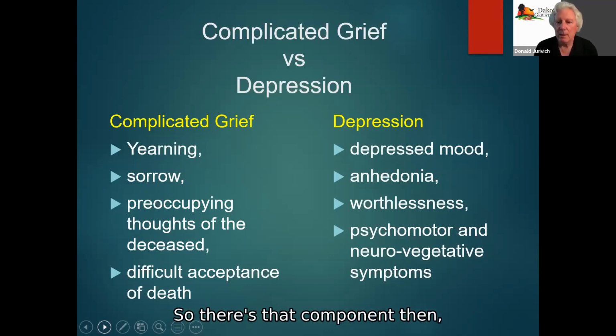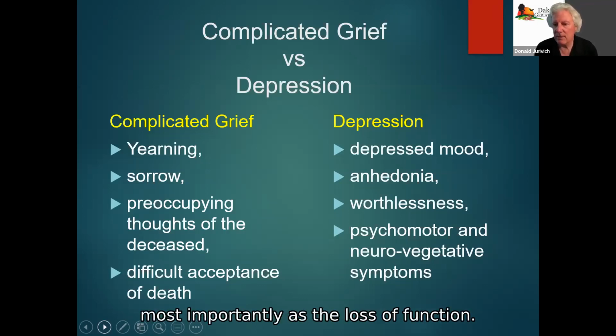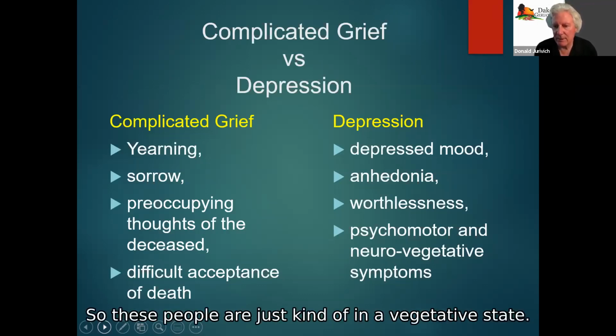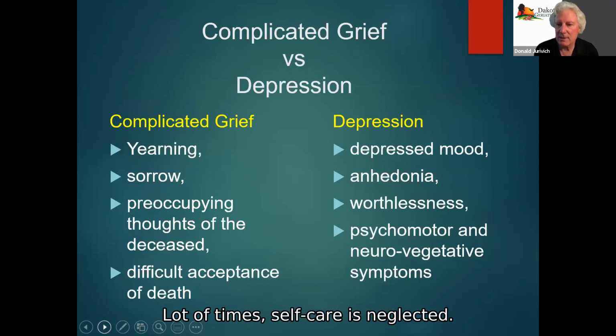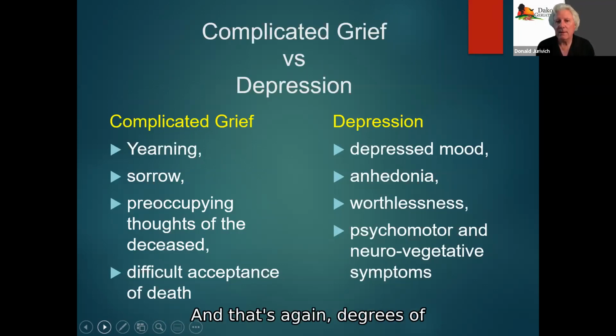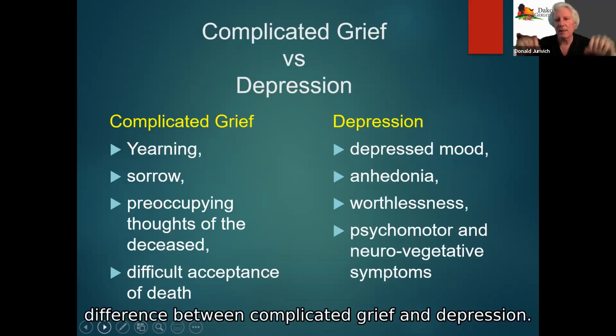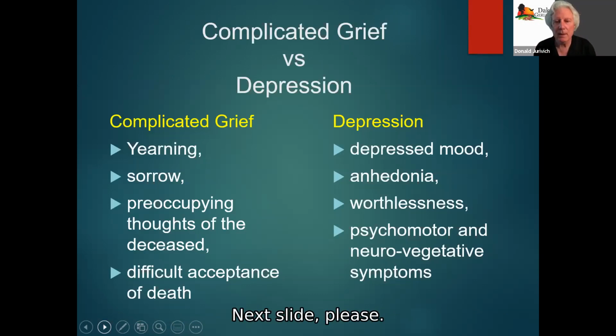And so there's that component. And then most importantly is the loss of function. So these people are kind of in a vegetative state. They're stuck in a chair. A lot of times self-care is neglected. And so that's, again, degrees of difference between complicated grief and depression. Next slide, please.